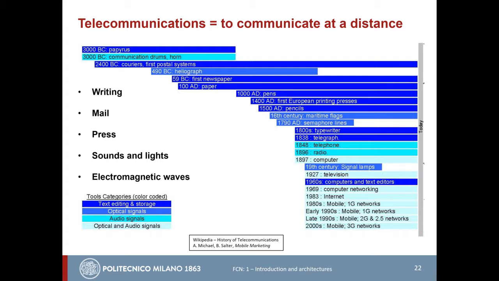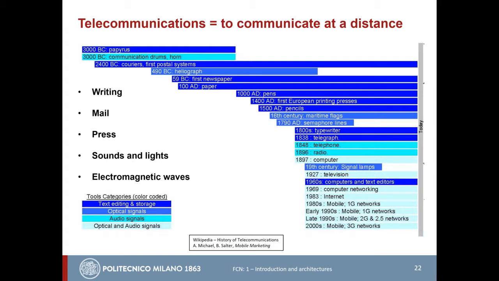Before it was not even imaginable, but it's what led us to the current situation where we have all these services. And we started from the invention of the telegraph.